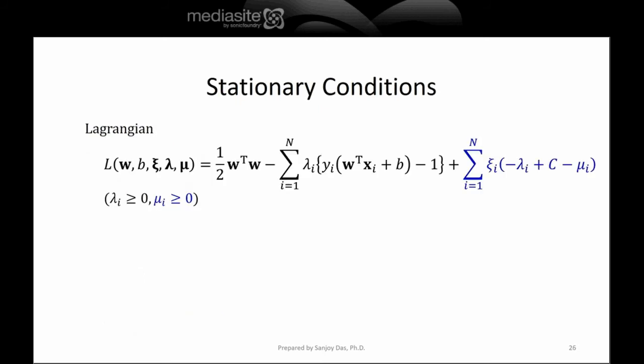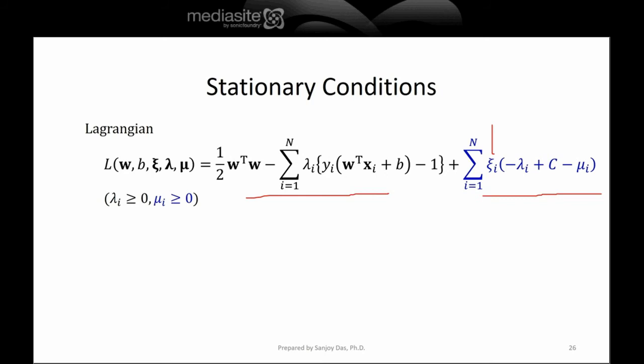Now, this is the Lagrangian rewritten. I've shuffled the terms such that all the terms which have the errors, the zeta i's, are in the third term. And so this is the Lagrangian. And these two terms of the Lagrangian are identical to that of the hard margin SVM.